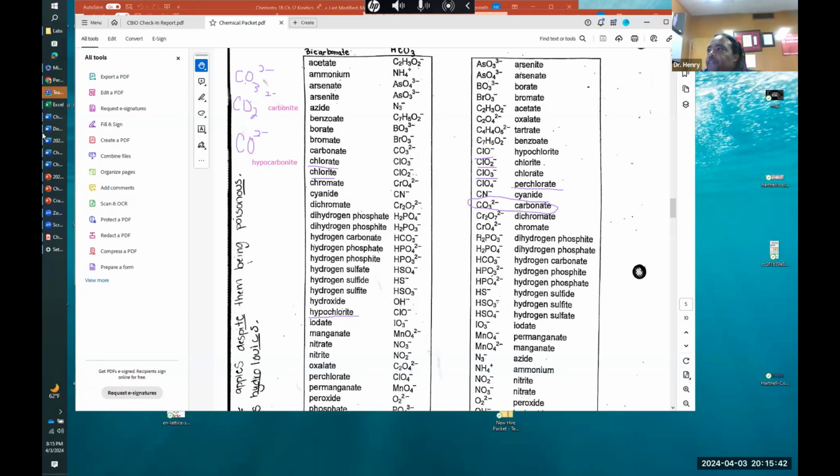And if I have CO4 2 minus, percarbonate. That's right.